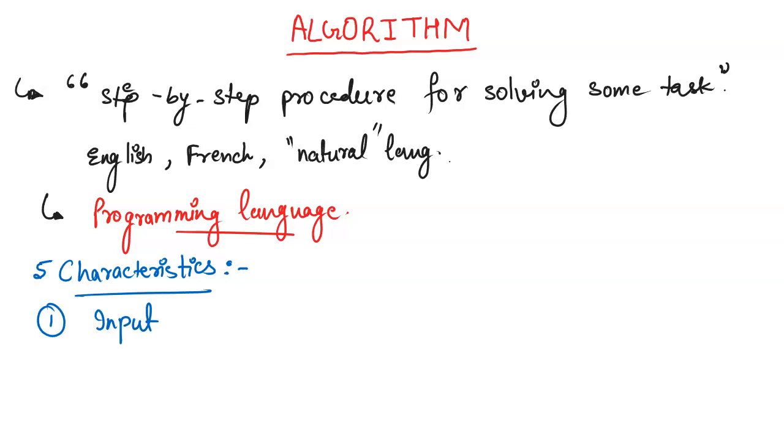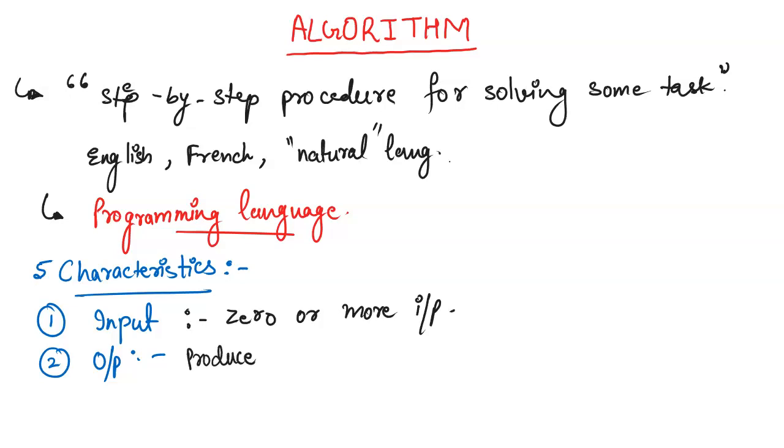So input means the algorithm must take 0 or more inputs. And the second characteristic is the output. So output means the algorithm should produce 1 or more outputs.